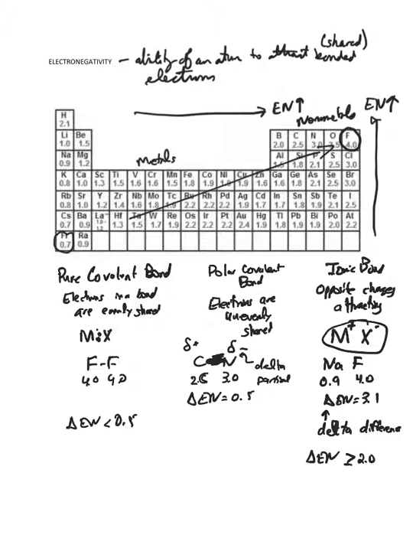And so for a polar covalent bond, this difference in electronegativity is going to be greater than or equal to 0.5 and less than 2.0. And so that's a quantitative way of talking about the polarity of a bond.